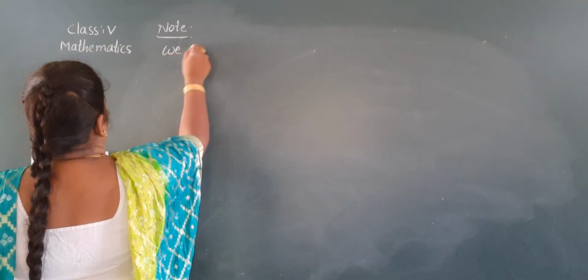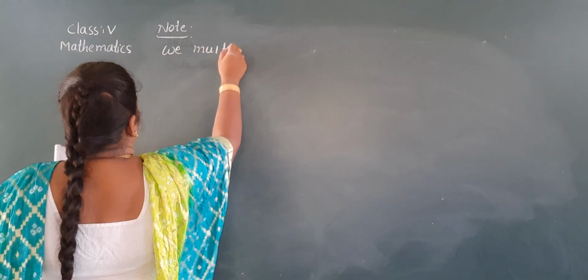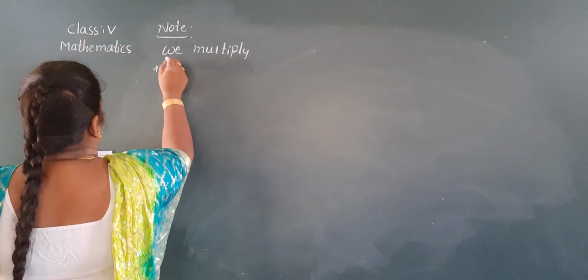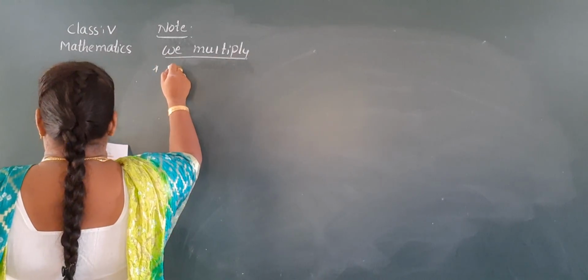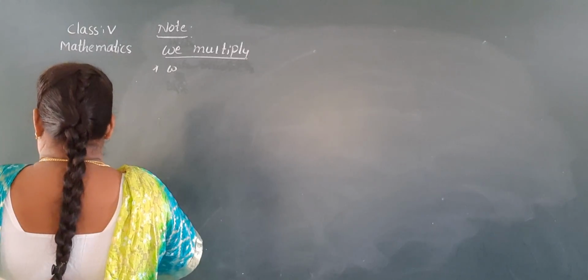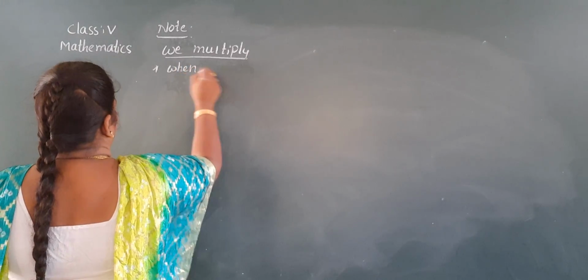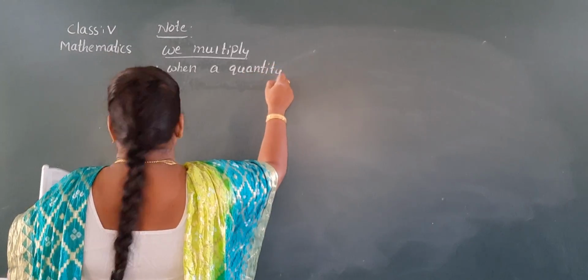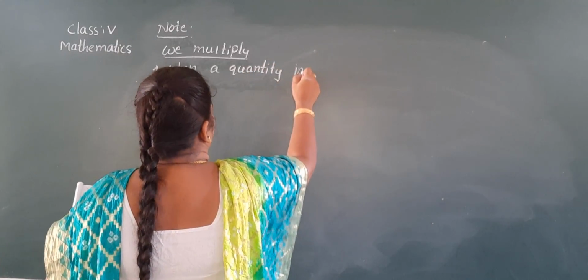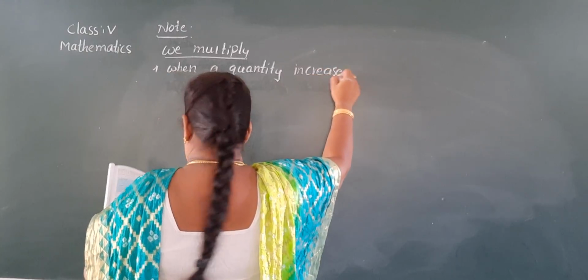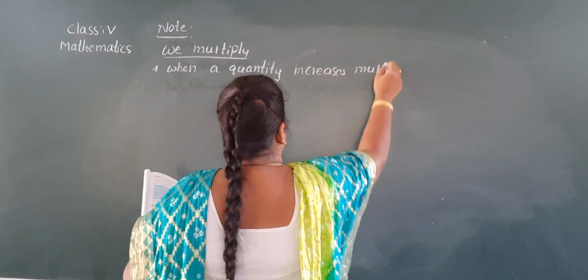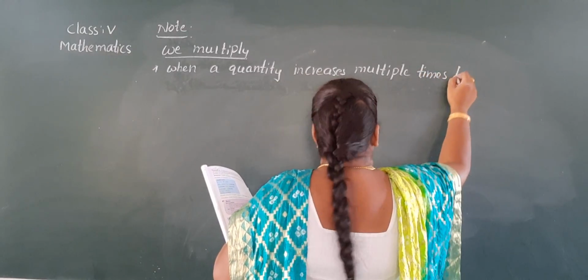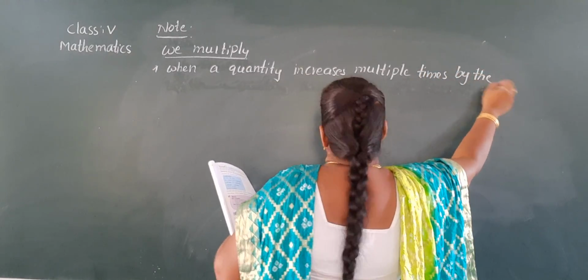We multiply when a quantity increases multiple times by the given number.